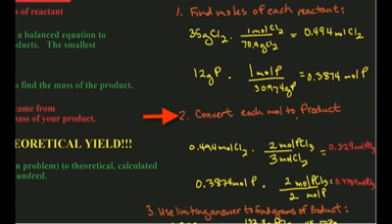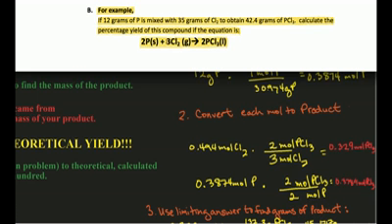And then step 2, if you remember, was to convert each mole given to the moles of product. So moles of product was obtained by looking at the answers from step 1 and the balanced equation given here. So the moles from the equation is 2 moles for phosphorus and 3 moles for chlorine.